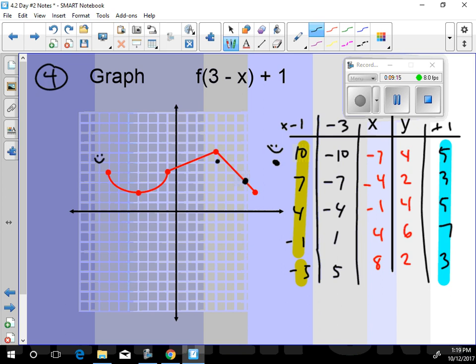Here's my half oval pal. That's just poorly drawn, that's all. Okay, good. All right, and then -1, 7. And -5, 3.